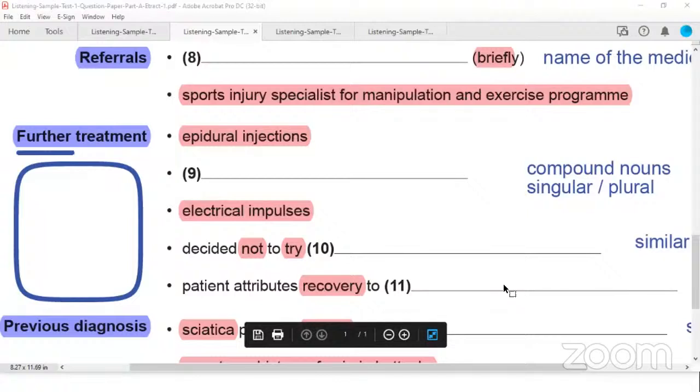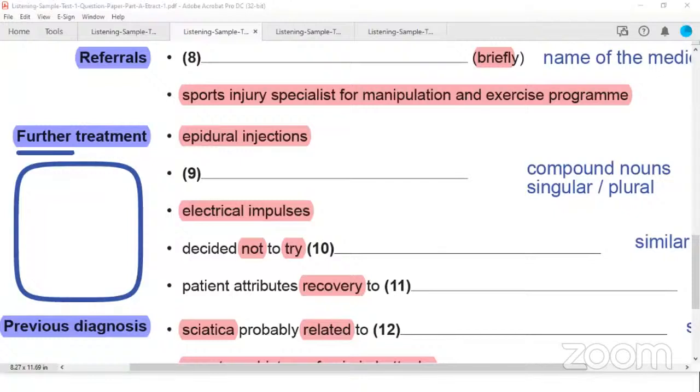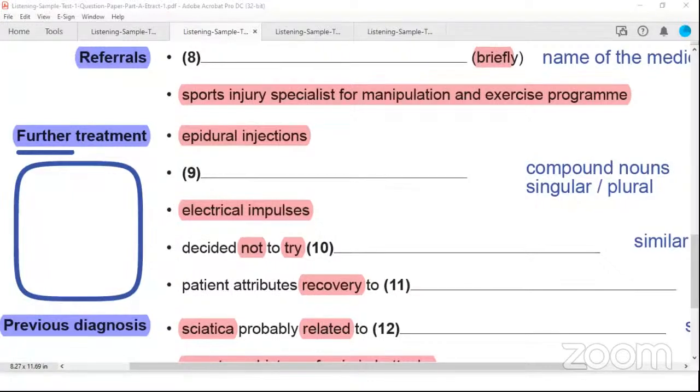Question number 9. 7, 6, 5, 4, 3, 2, 1, and submit. Submit your answer. Come on, all of you.